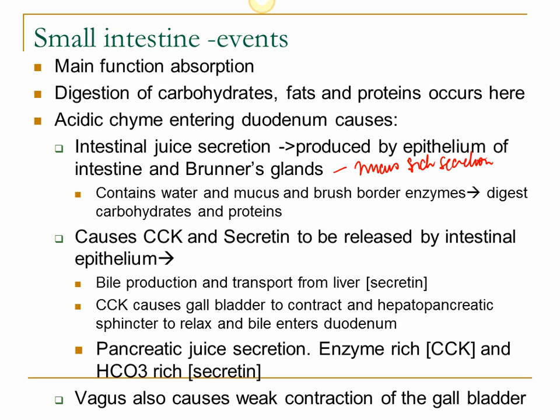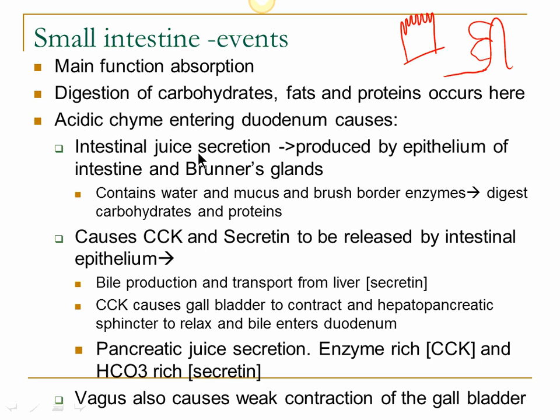And second, if you remember, the epithelial cells had microvilli. So in the villus, if this was an epithelial cell, and I take just one of the cells, you remember it had this microvilli, and they looked like a fuzzy brush. And this was known as the brush border area. So this produces enzymes. Apart from just water and mucus, the brush border of the epithelial cells produce what are collectively called brush border enzymes.